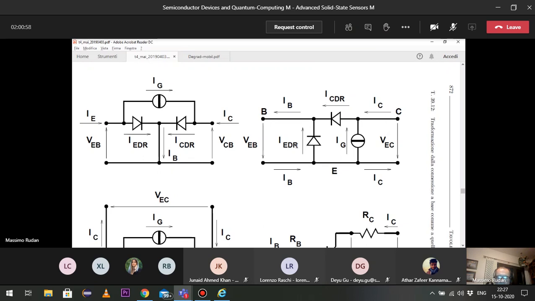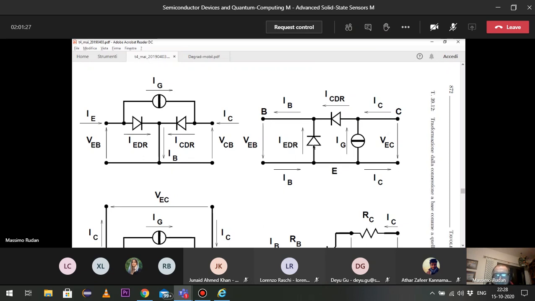From this circuit, you remember, of course, in circuit theory, when you need to consider the small signal analysis, then you linearize the devices, okay? So when you linearize a diode, you obtain a resistor, and this resistor is typically called R sub pi.